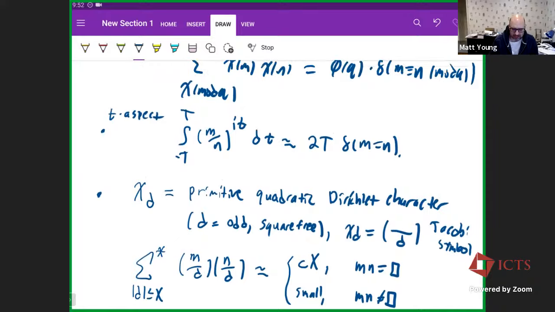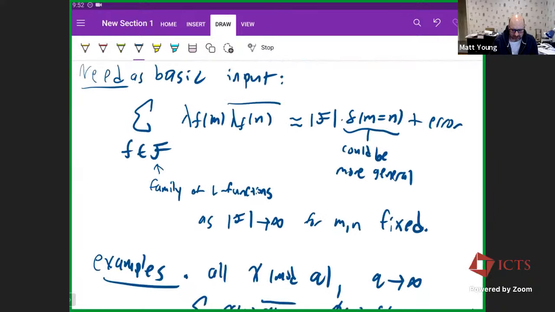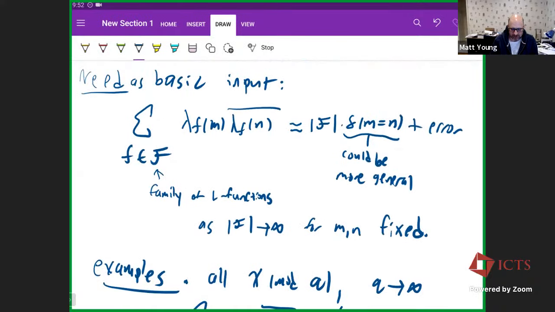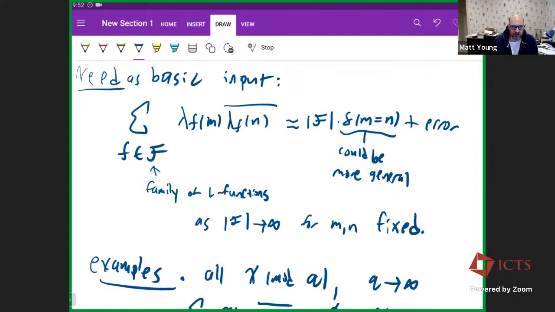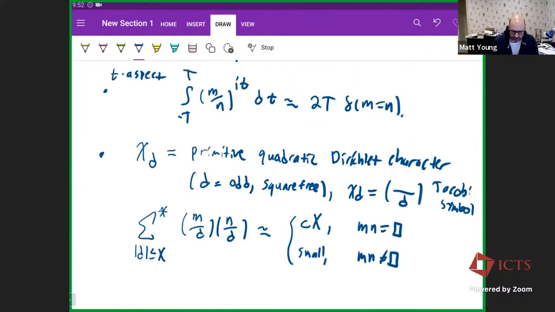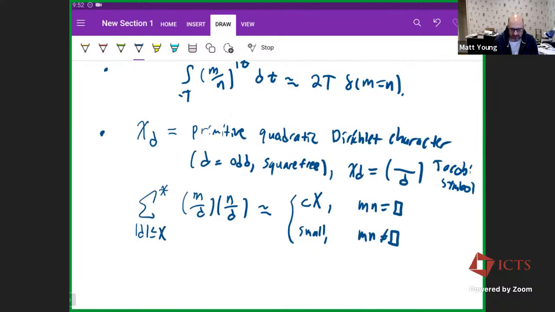So I was oversimplifying when I said this is the delta function that m equals n. It's some sort of function that we can understand, that certainly when m equals n gives us a main term, but there might be more main terms than that. But anyway, we call this our orthogonality formula for our family. In this case, the orthogonality is detecting that m times n is equal to a square.